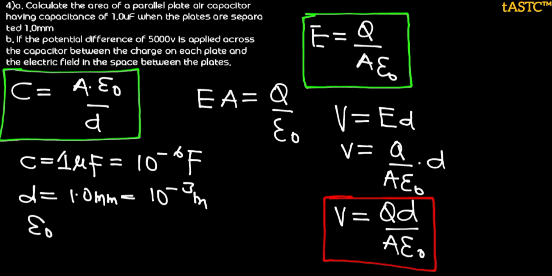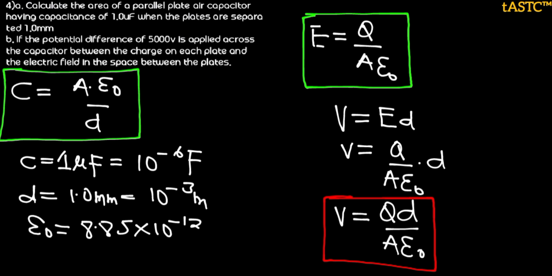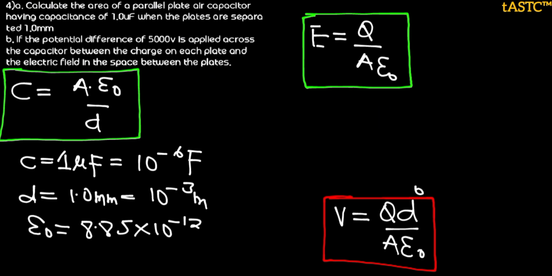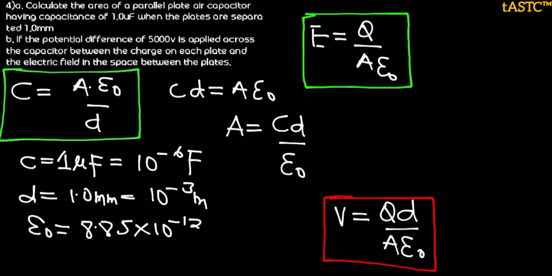Now epsilon naught, this is the permittivity of free space, that is 8.85 multiplied by 10 to the negative 12. So I'm going to take this one out now. I'm going to take this one out also. So here we can see that A, the area, is going to be equal to CD divided by epsilon naught.